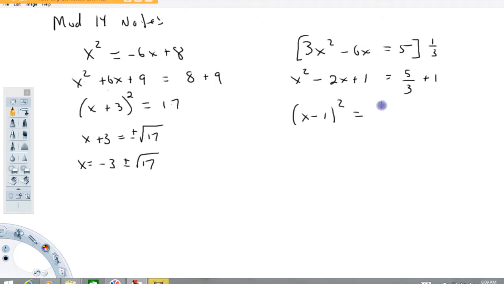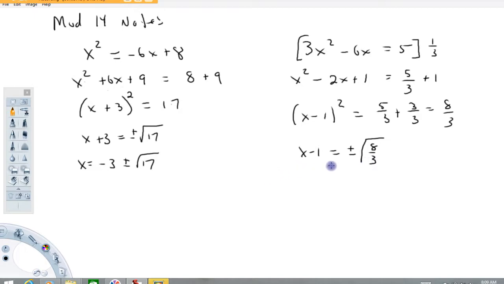The right-hand side is 5 thirds plus, why don't I write that as 3 thirds, which is 8 thirds. Now we can continue solving by taking the square root of both sides. When we take the square root of the right-hand side, we're going to have plus or minus root 8 over 3.